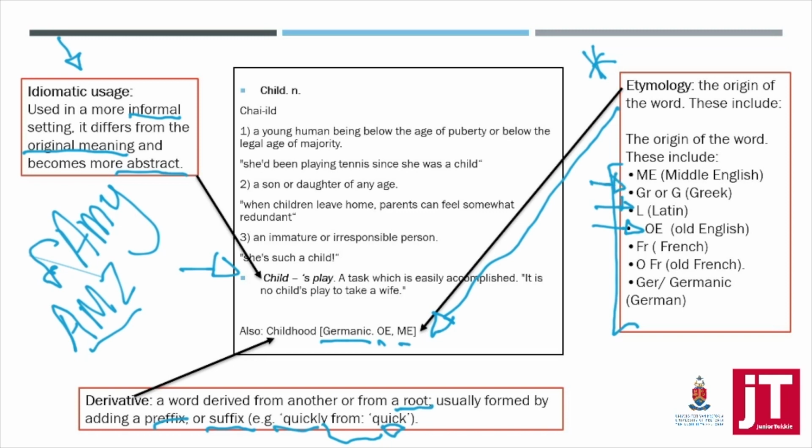Take note, guys, Greek is GR, and GER can also be found in certain dictionaries. GER stands for German, and GR stands for Greek. So please, I am begging you, write down these words and study them, so that you won't get bamboozled in dictionary skills, and so that this can be quite an easy section in the exam where you can get some marks.